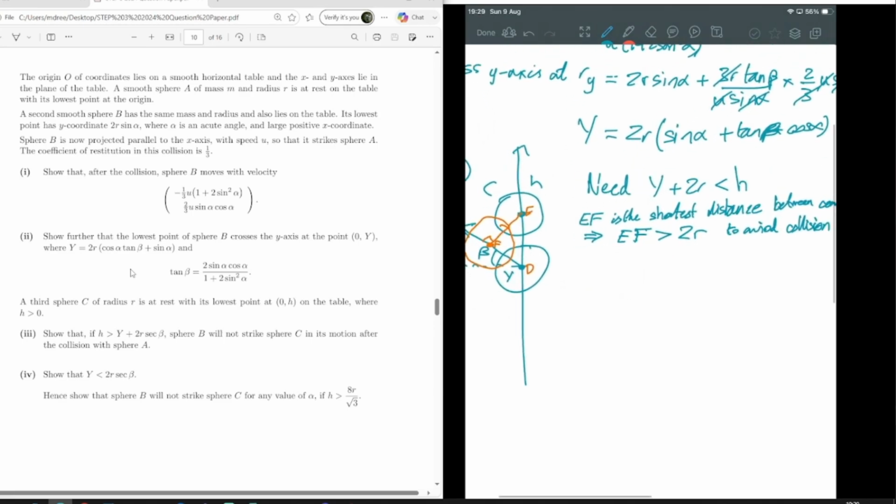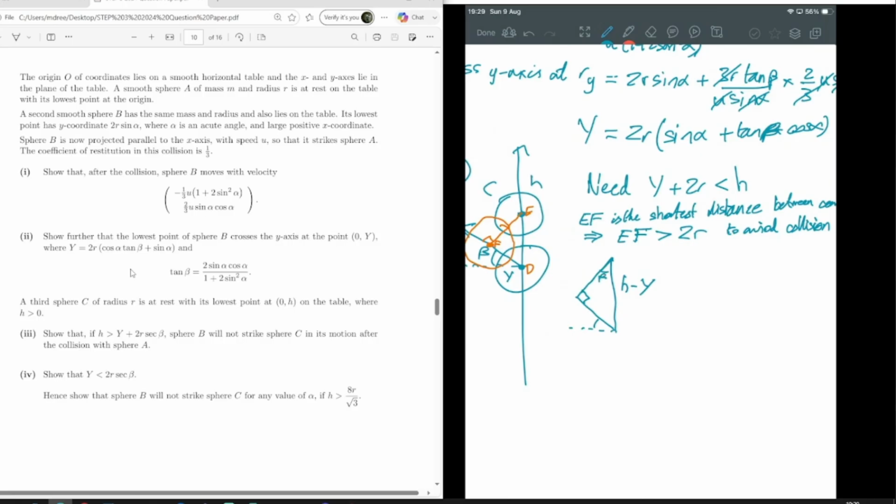But we can work out what EF is, because we have the triangle here. You've got this side being h minus y. You've got a right angle there. And this angle here is beta.